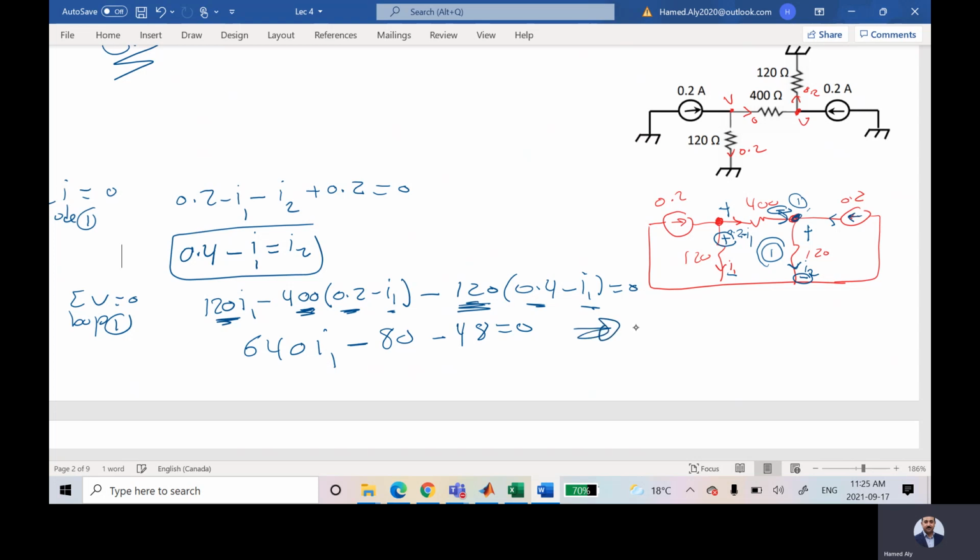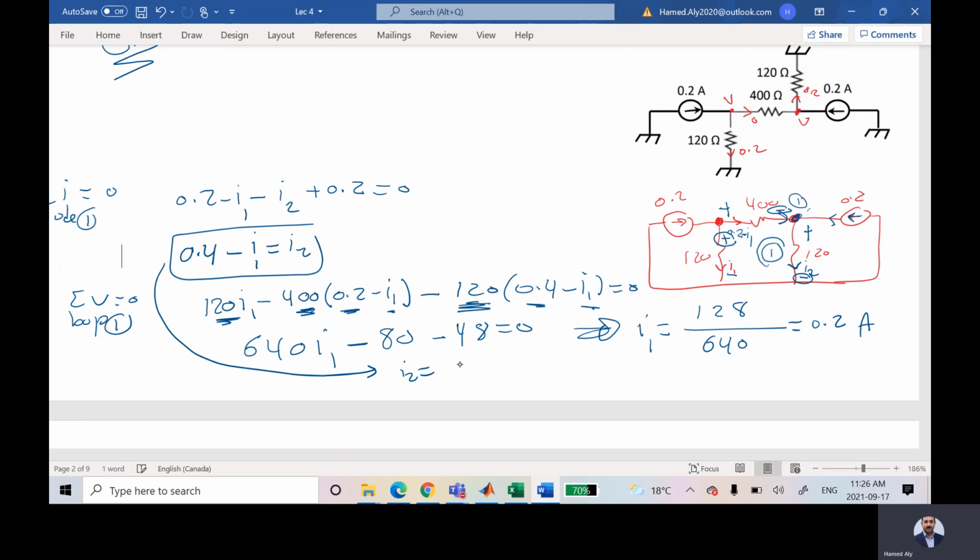Then based on that, I can say I1 equals 128 divided by 640. Can anyone calculate this number? 0.2? Oh, it is 0.2. What about I2?